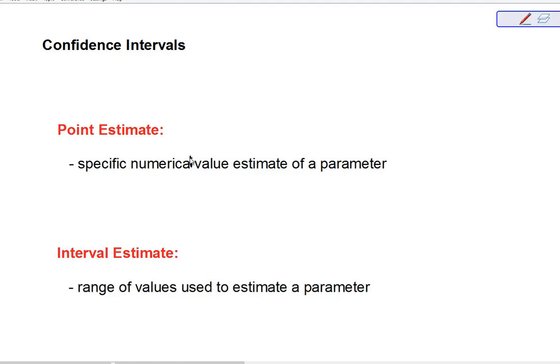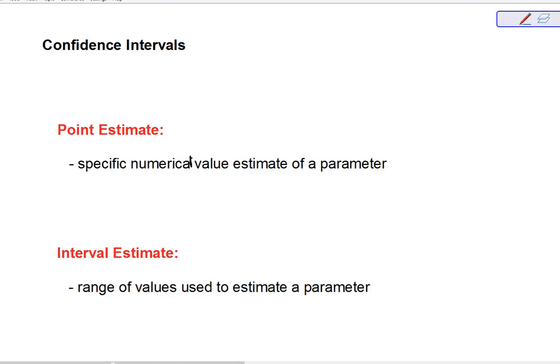In other words, the parameters, remember, are those values of a population. Most of the time we don't have the population, we have samples. And so we want to know what the best estimate for a parameter is, and that is a point estimate.